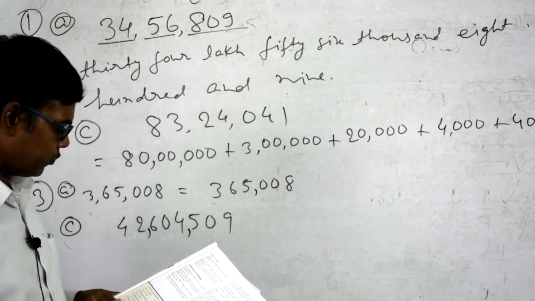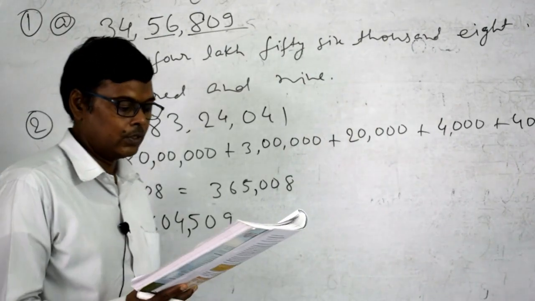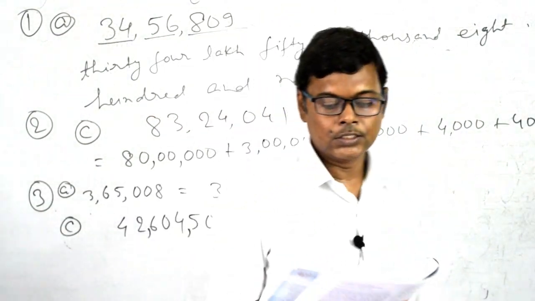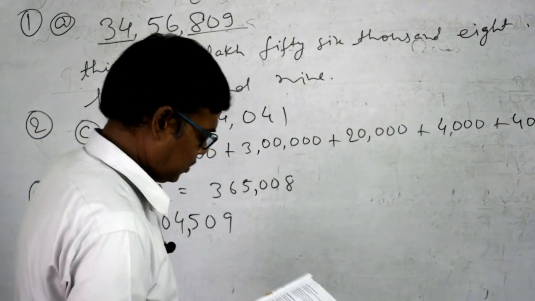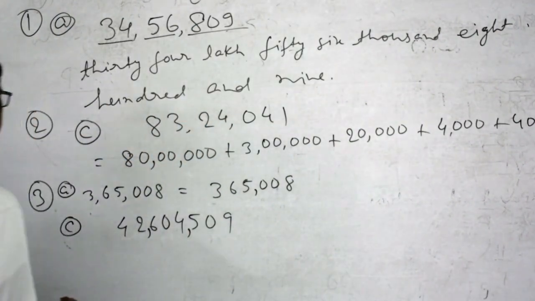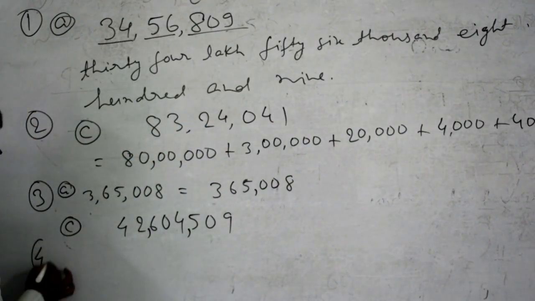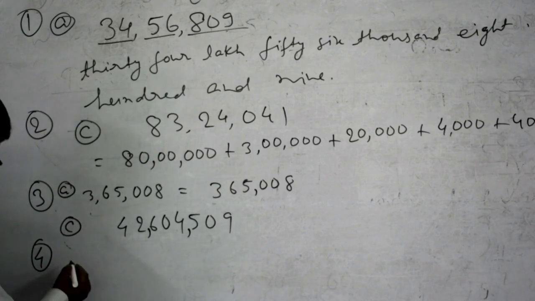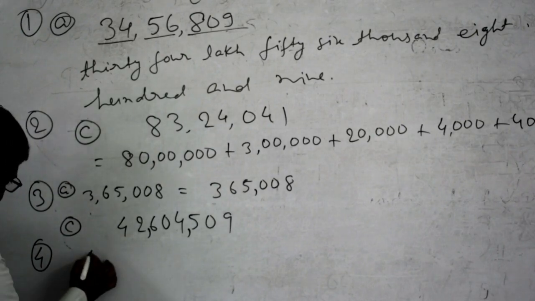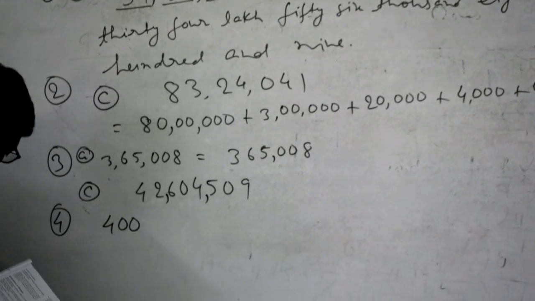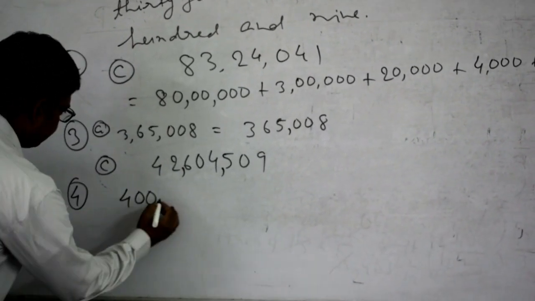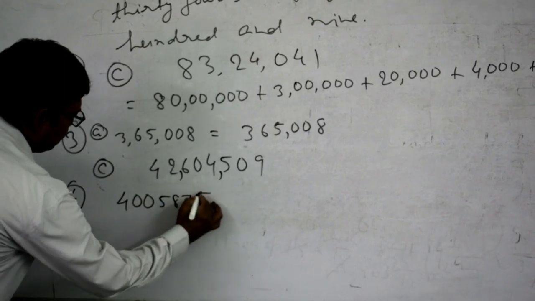Now question number 4. Write each of the following in the Indian system of numeration, and also write the number in words. I will do this one. You have 400, then 587, 500.